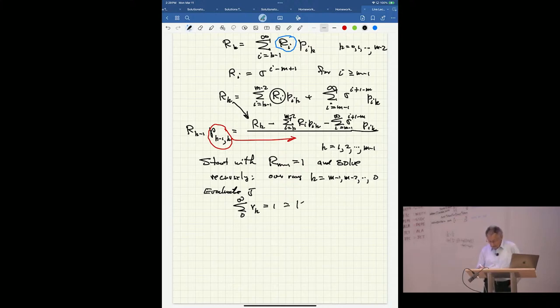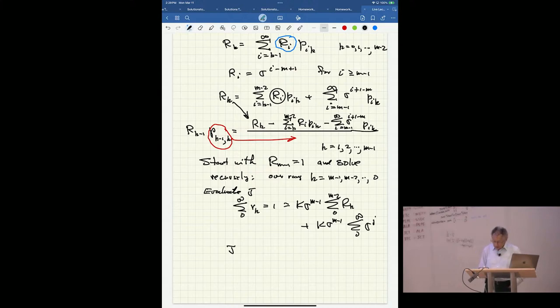And that's equal to k sigma to the m minus 1 times the summation of the r sub k's again from 0 to m minus 2, plus k sigma to the m minus 1 times the summation of sigma to the j from 0 to infinity, and we know what that is. That's 1 over 1 minus sigma. So I pull j out because this k sigma to the m minus 1 is j.